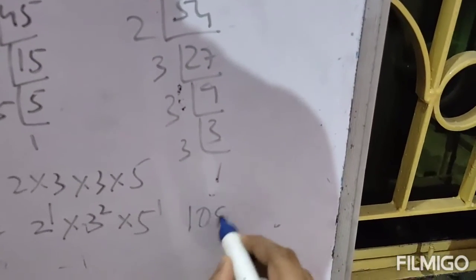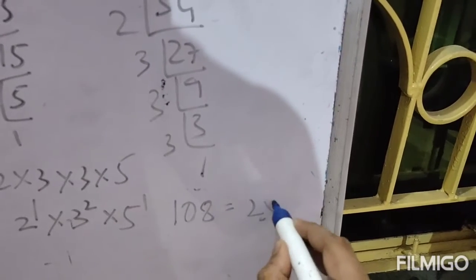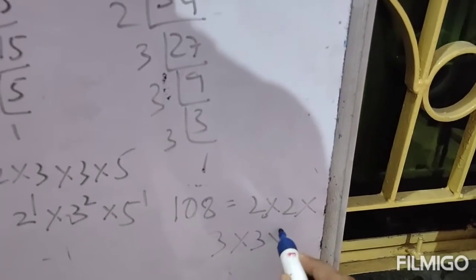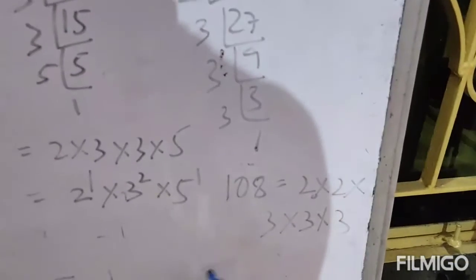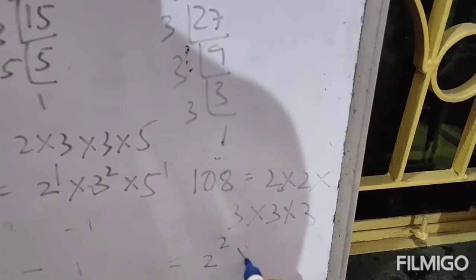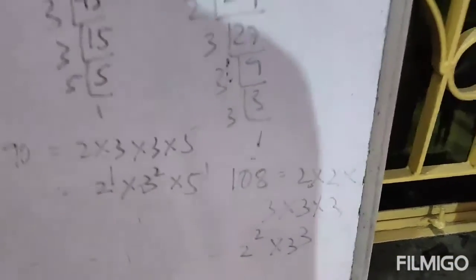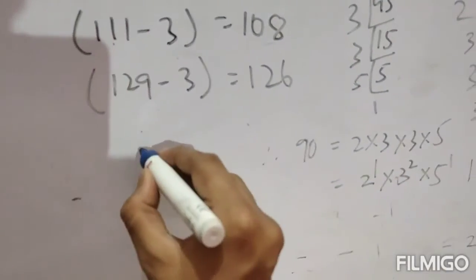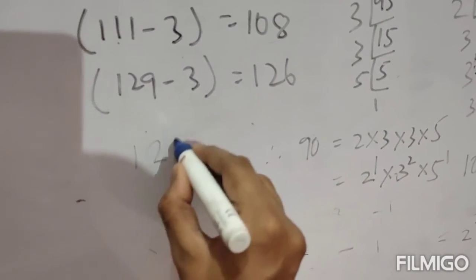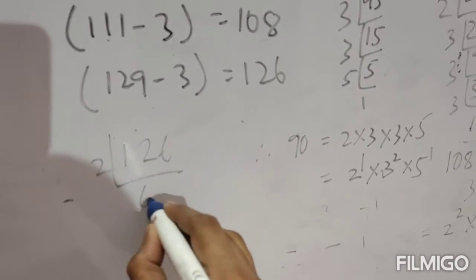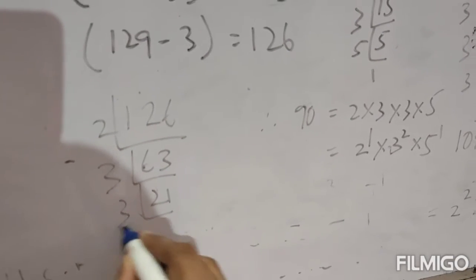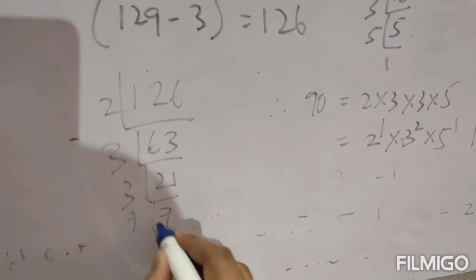Clear? Therefore 108 equals 2 into 2 into 3 into 3 into 3. Therefore this is 2 square into 3 to the power 3, and the last number left is 126. So 126, 2 times 63, 3 times 21, 3 times 7, 7 times 1.